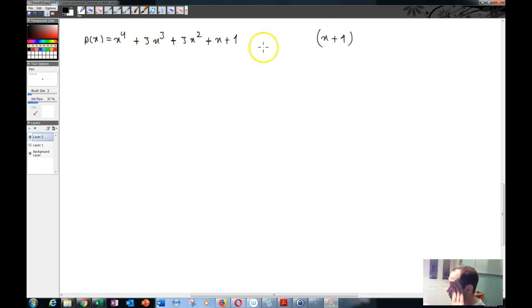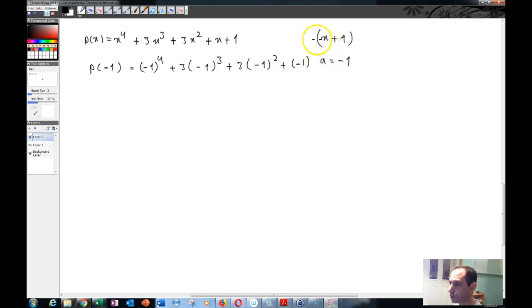So again, your a here is negative 1, so then if I calculate p of negative 1 here, p of negative 1 would be equal to negative 1 raised to the power 4 plus 3 times negative 1 whole cube plus 3 times negative 1 whole squared plus negative 1 plus 1.